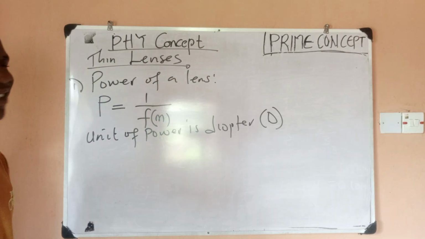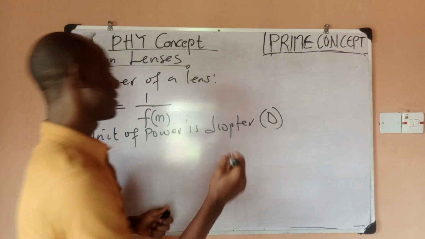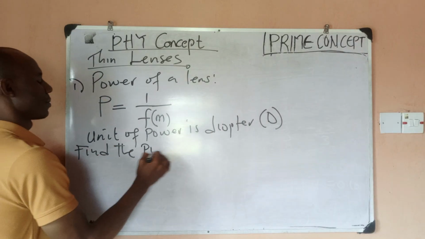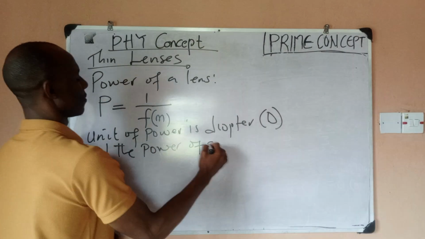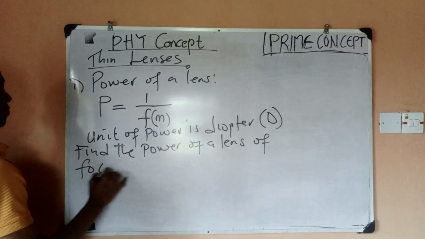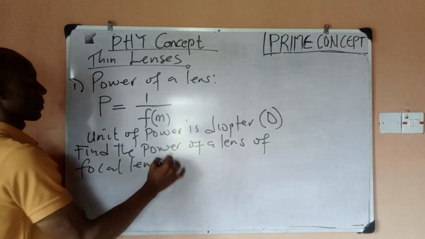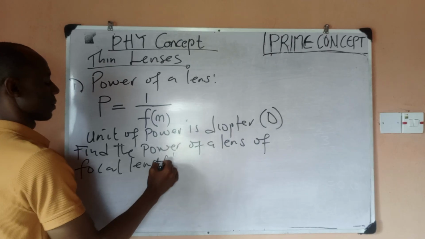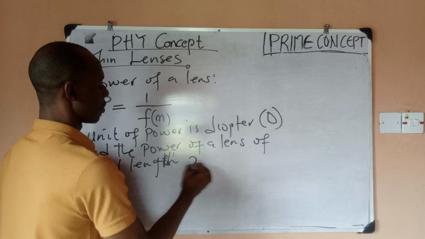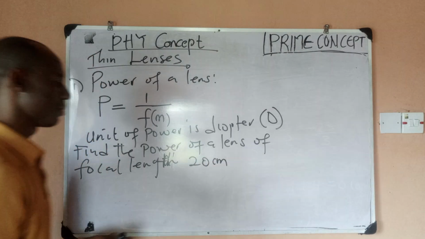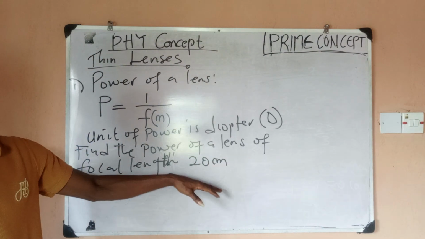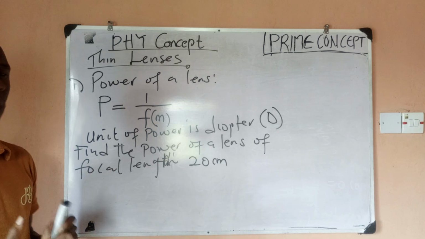Let's take a simple problem here. Find the power of a lens of focal length 20 cm. So we have a lens and the focal length of that lens is 20 centimeters. We want to find the power of that lens.